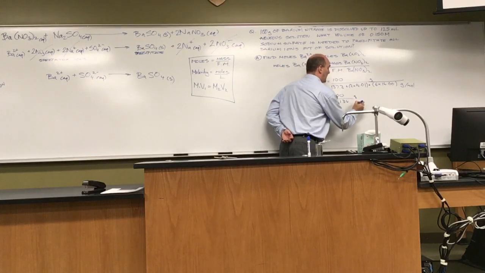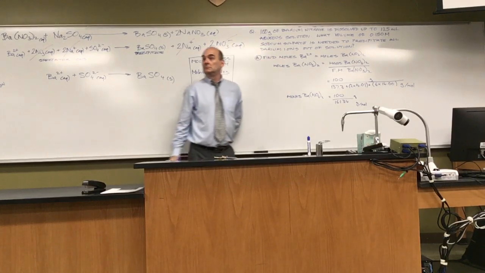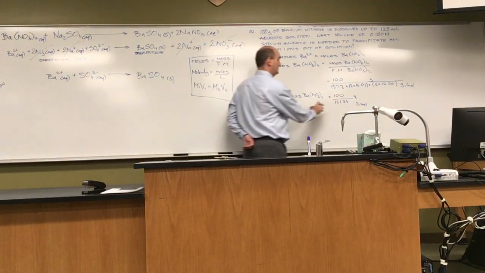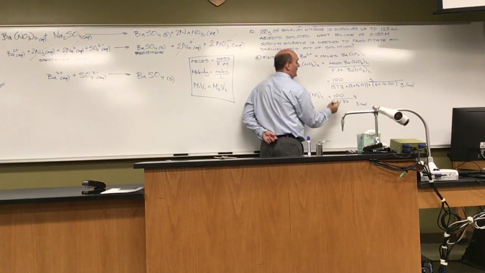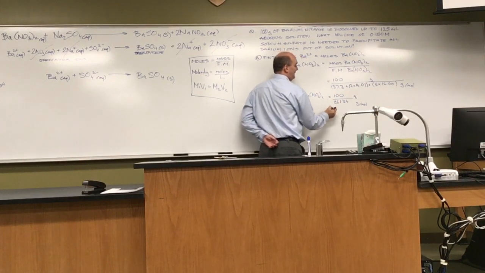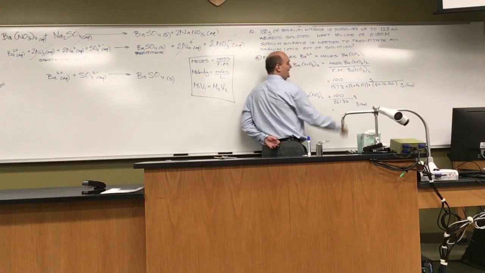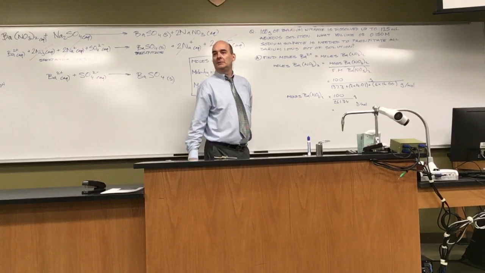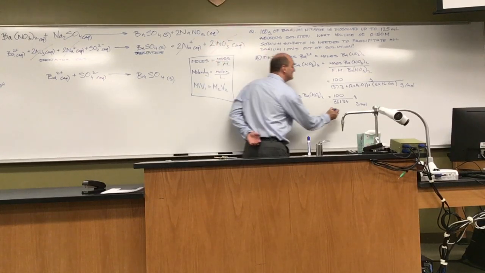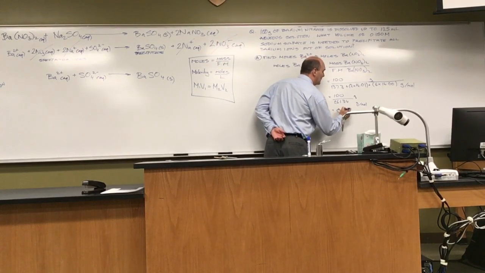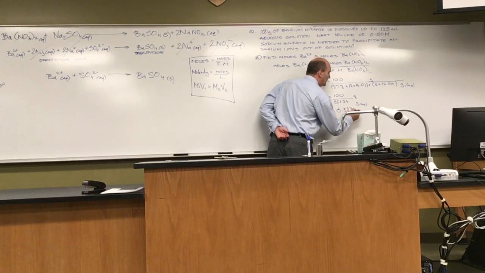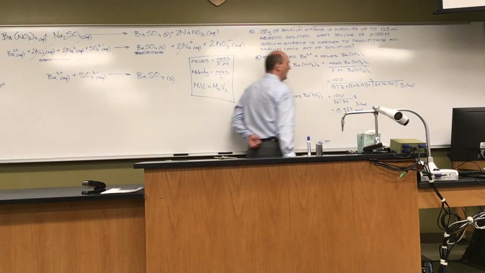100 grams divided by 261 grams per mole. It couldn't possibly be more than 1, which tells me that it is 0.383. Okay.